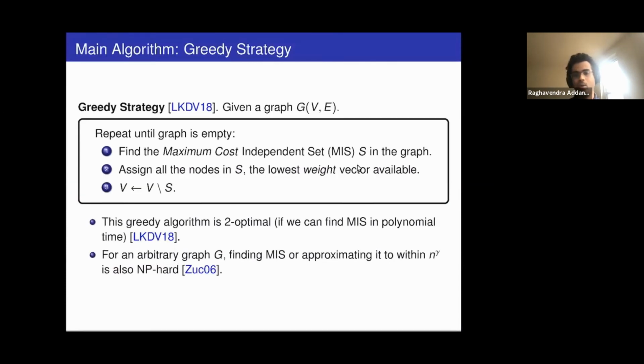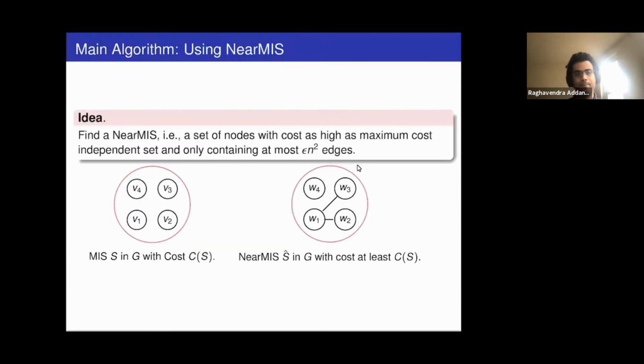This greedy algorithm is known to be optimal if we can find the MIS, the maximum cost independent set, in polynomial time. As I said before, finding this MIS or approximating it to within any polynomial factor is NP hard. For this, we use the idea of near MIS to overcome this limitation. A near MIS could be thought of as a set of nodes with cost as high as the maximum cost independent set, while only containing epsilon n squared edges.